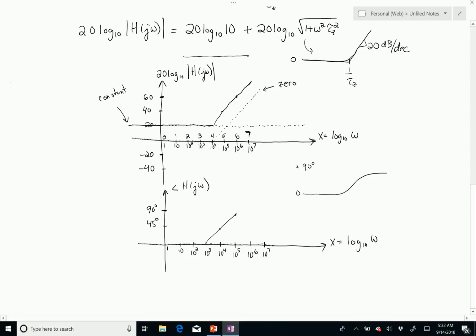I get something like that for the 0. So it's 0, and then it rises. And that's really the whole thing. About a factor of 10 before I start to rise, a factor of 10 after, I'm done rising, and right in the middle, right at the 0, I'm at 45 degrees.